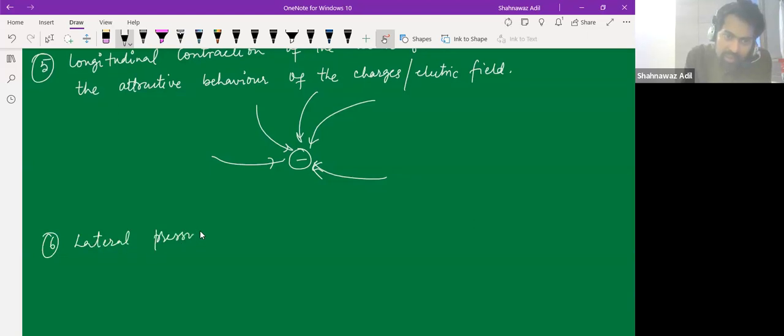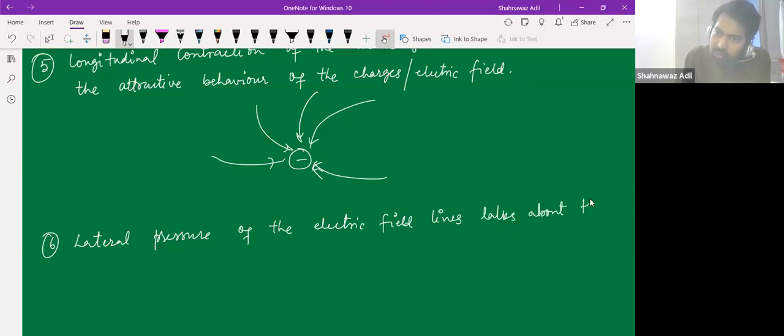Lateral pressure of the electric field line talks about the repulsive behavior of the charges.